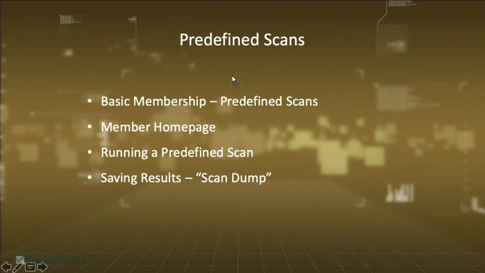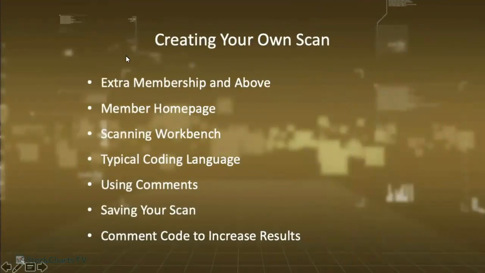All right, so the predefined scans come with your basic membership, and you can get to them from the member homepage, and we're going to run a predefined scan. I'll show you how I save my results like I always do with that scan dump. And then we're going to look at creating our own scan. Again, I'm not going to spend a huge amount of time on this part today because I have done that in the past.